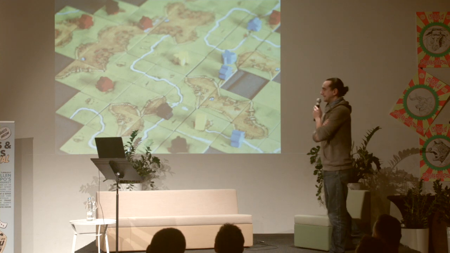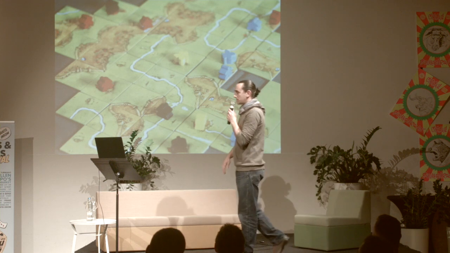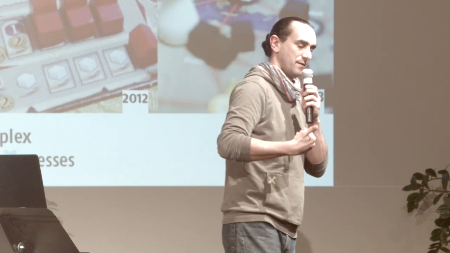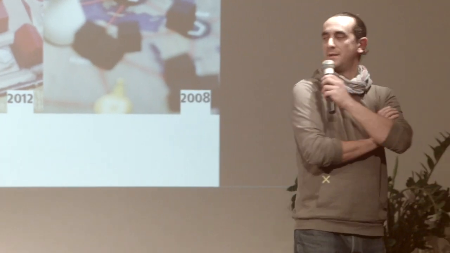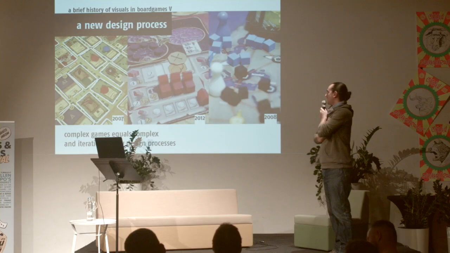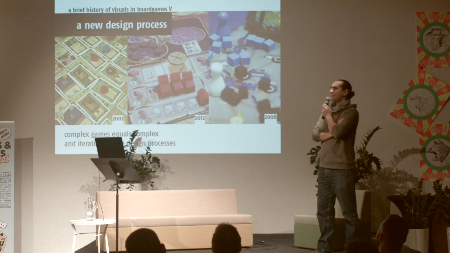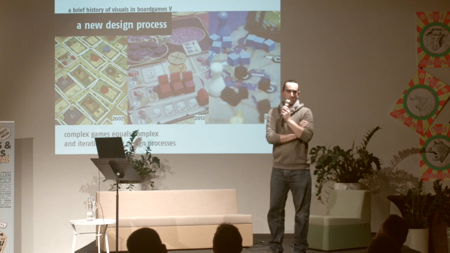So it was not possible to communicate in such a quick and direct way a couple of years earlier, but now we have this, and therefore the games are becoming more and more complex, and the visuals can keep up.